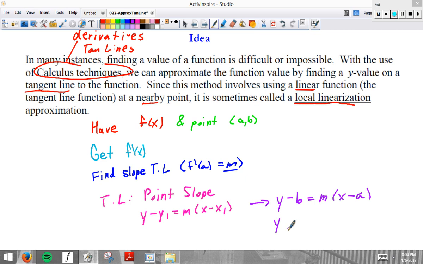And that y is approximately equal to f of x when x is close to a.